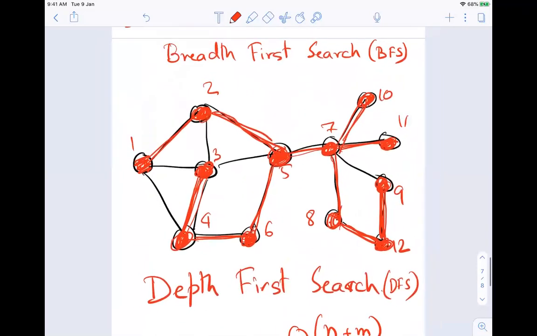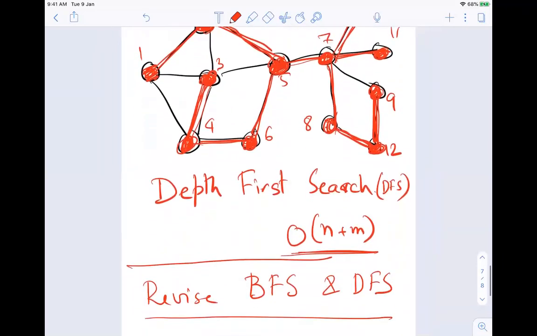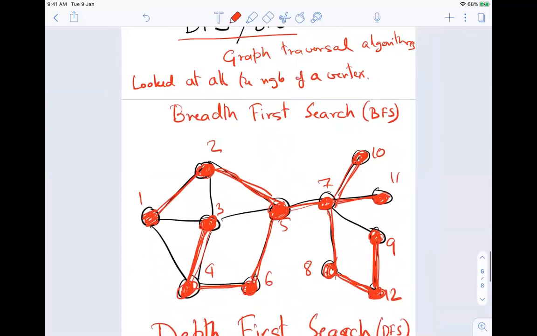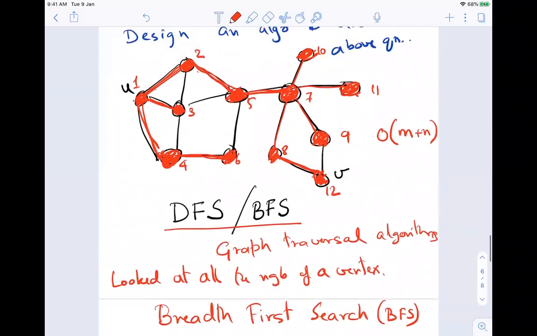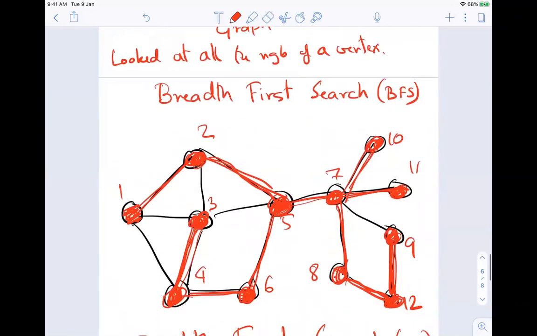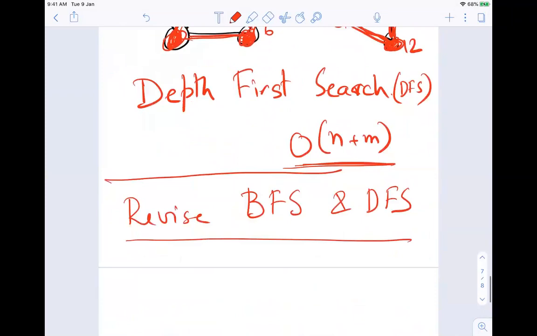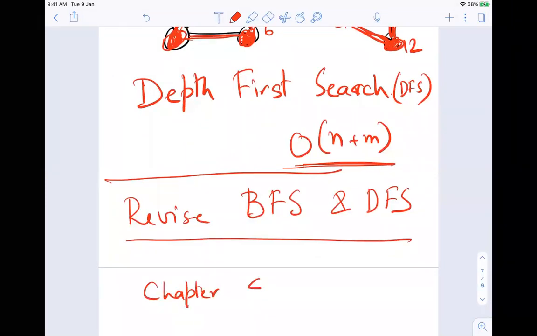Maybe I would stop now and let you go. Please read your BFS and DFS if you can before the next class, and also section 4.4, which is something that I would like you to read before the next class.